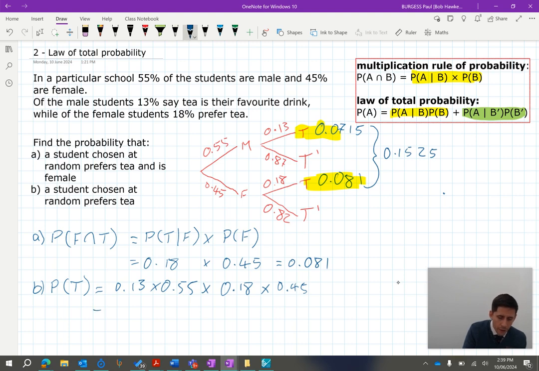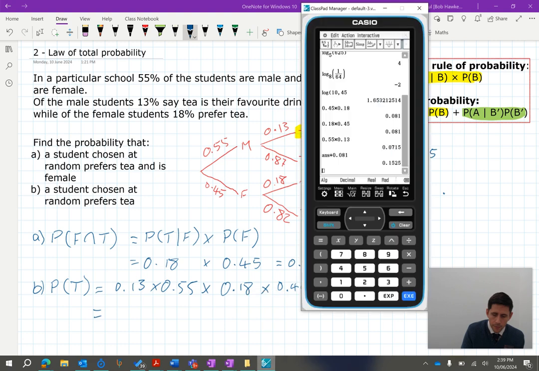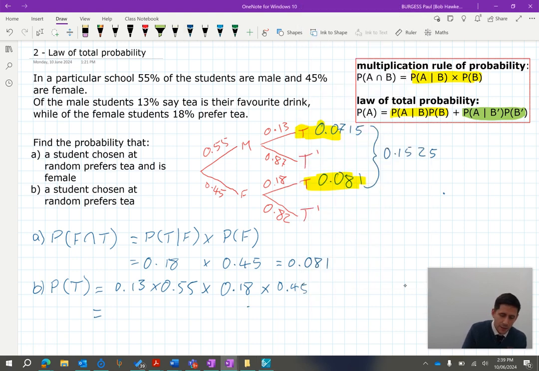If I work all that out, 0.13 times 0.55 plus 0.18 times 0.45, I get the same answer that I got before, because it's the exact same calculation, really. That just shows you where that comes from. 0.1525. So a tree diagram is something that we're familiar with, and it makes this formula make sense.